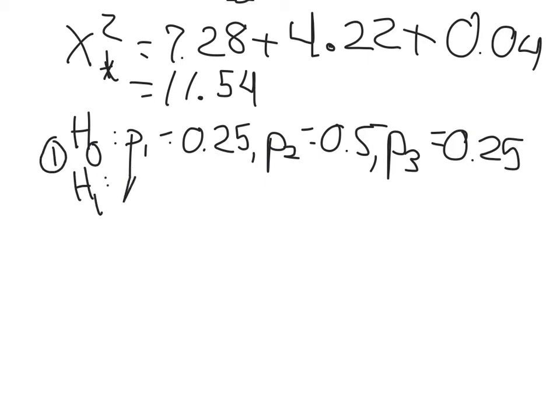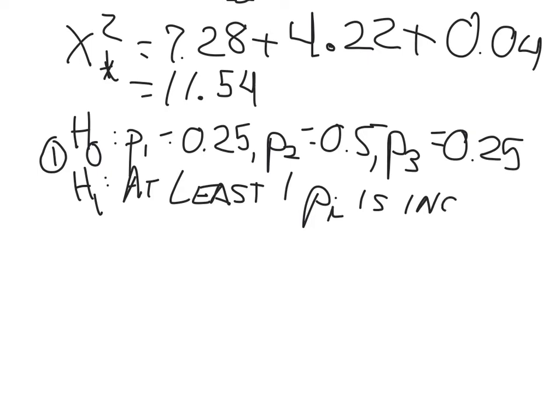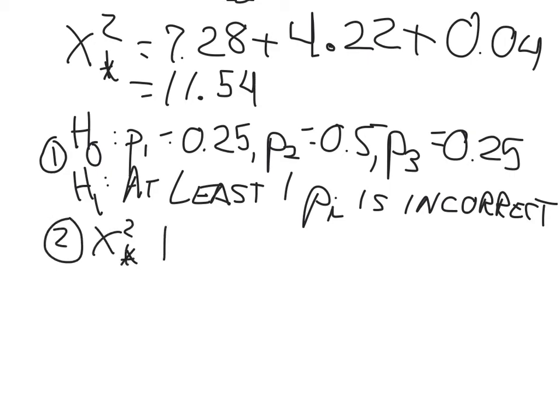Then H1 is at least one P sub i is incorrect. Okay, and your test statistic, of course, is your 11.54.